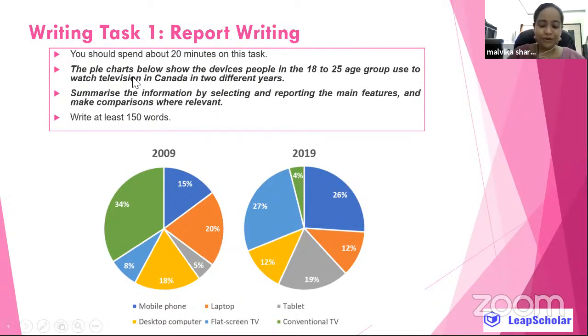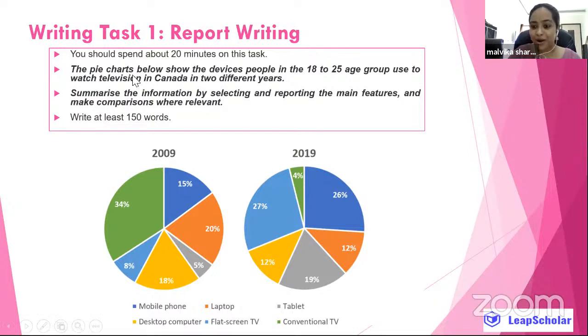Now let's dive into the question. The question says, the pie charts below show the devices people in the 18 to 25 age group use to watch television in Canada in 2 different years. Now there is so much data going on.